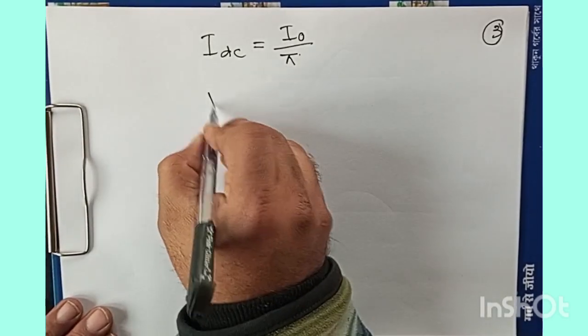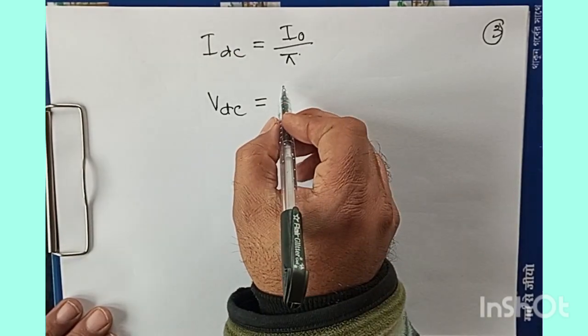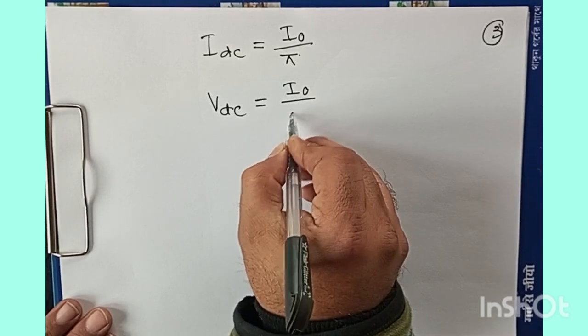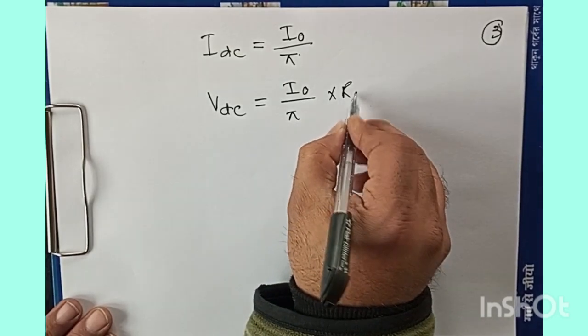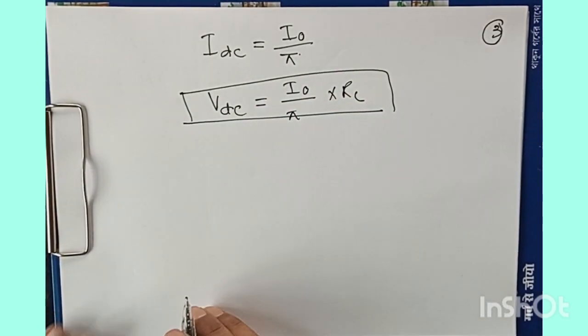So we can say that VDC of the half wave rectified signal is I naught by pi times RL. So this will give us the measure of the output voltage of the half wave rectified signal.